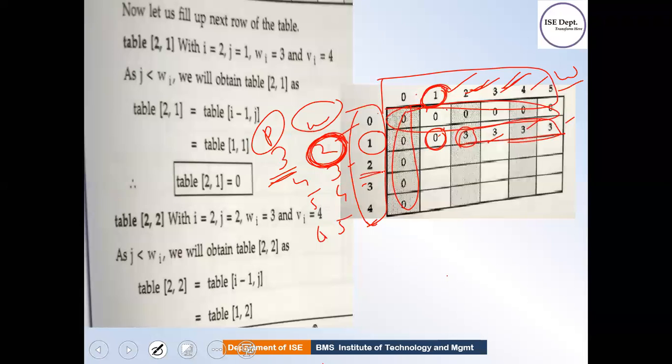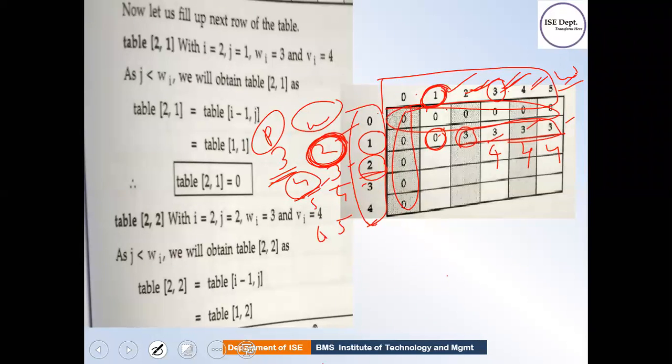Next, start with the second object. The second object's weight is what? 3, correct? So I can place this object only when the capacity is 3 or greater than 3. So I can write this profit here. It can be filled with 4. Even here I can fill the object because the capacity is more than the object's weight, that is 3.